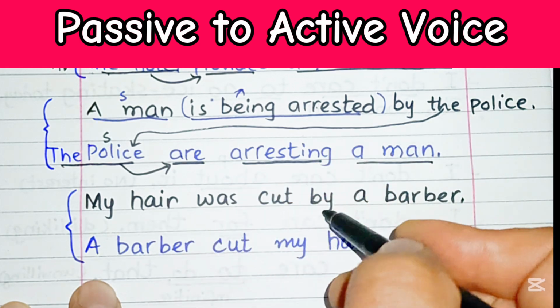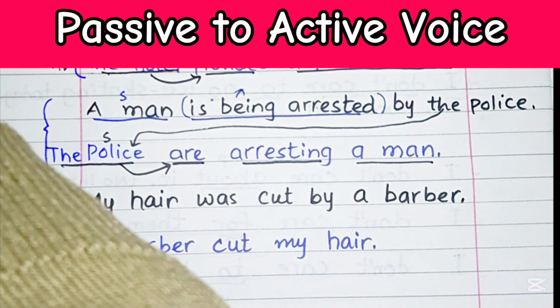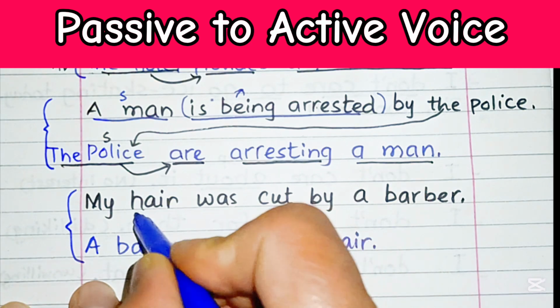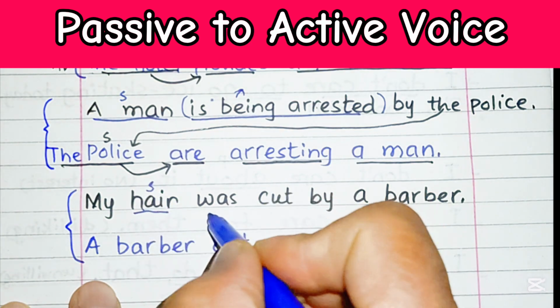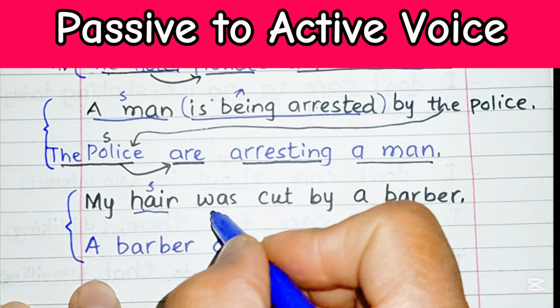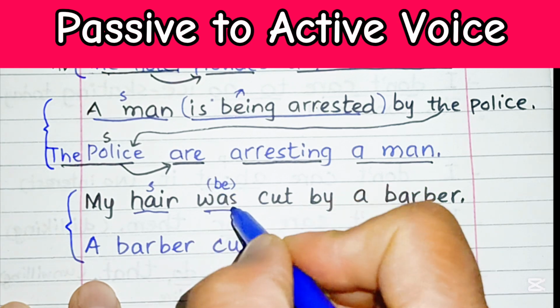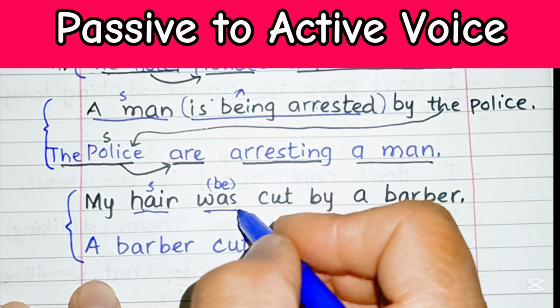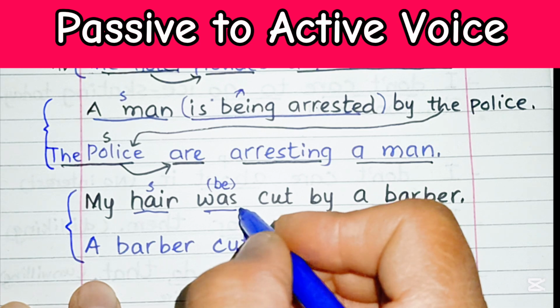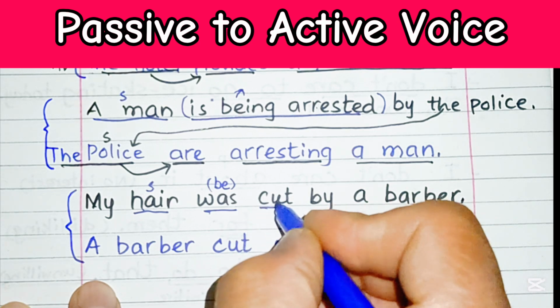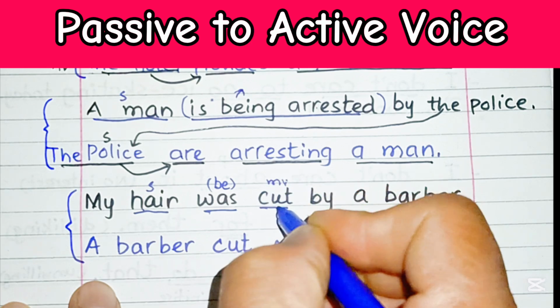My hair was cut by a barber. This is the subject over here, and then the verb be is in the past tense. And the main verb is also in the past participle form.